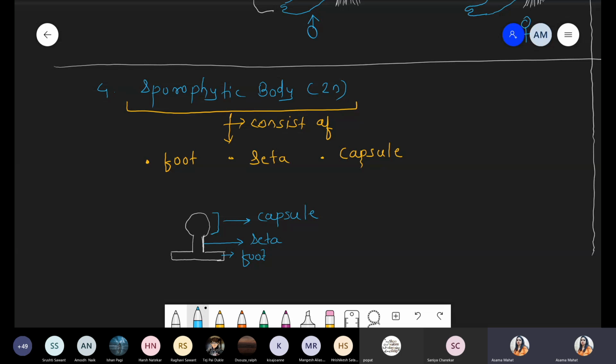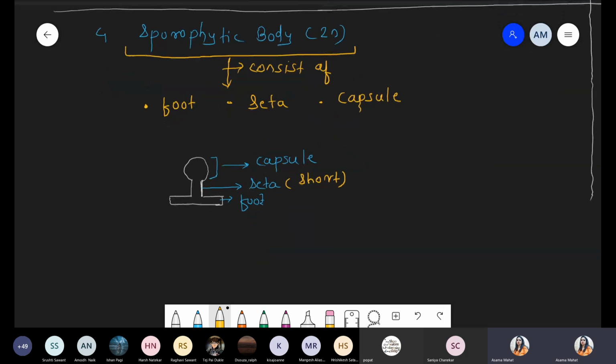These consist of the foot, seta, as well as the capsule. But there is one characteristic feature with respect to seta, that seta in case of liverworts is comparatively short. So these are very common in the sporophytic body of liverworts. Again, it is biology, so without exception nothing will happen, right? So here we are talking about one exception case, Riccia.